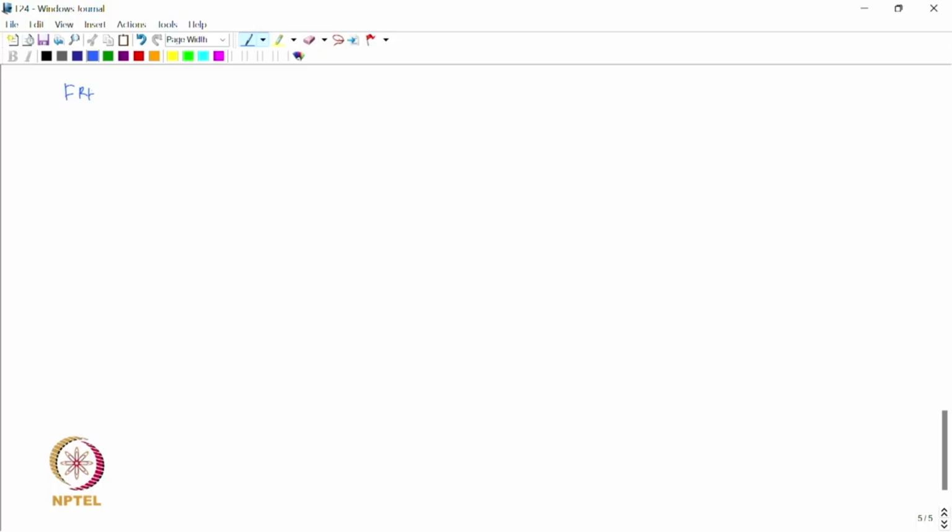Another issue is what FRFs at these points should be measured, right. So, FRFs to be measured at test points. What FRF should be measured?